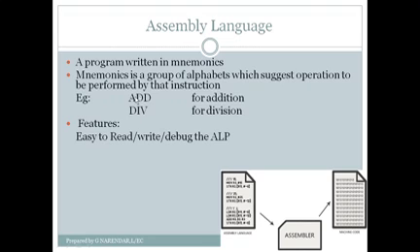If there is some mistake in this mnemonic, if in place of ADD we have ADE, then it is very easy to find the bug and to debug the instruction. Instead, as we have seen in machine language, where we have used ones and zeros to write the instructions, we have felt that writing instructions, remembering them and debugging them is very difficult.